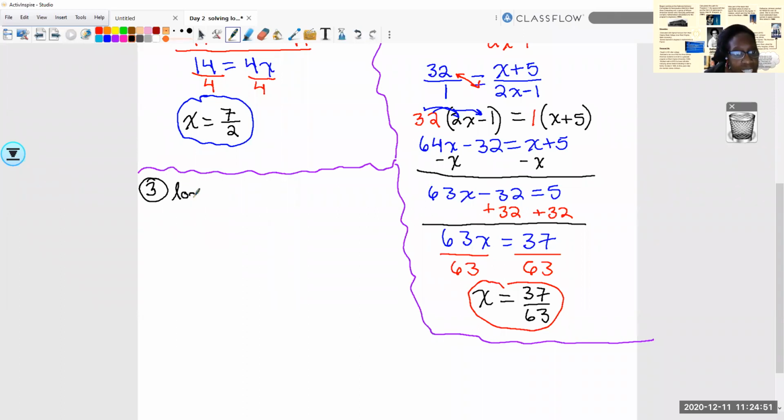So this is log base 8 of x plus log base 8 of x plus 6, and equals log base 8 of 5x plus 12.